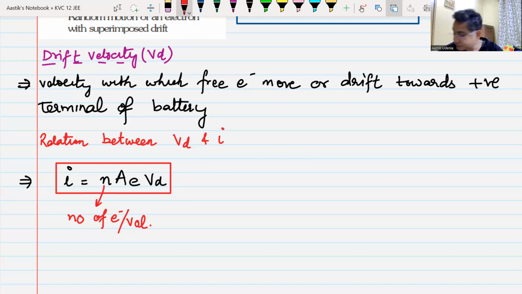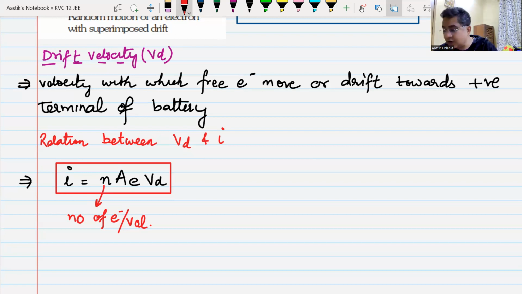What is e? What is this small e? Charge of an electron. Do we understand this, bacha? This small e is the charge of an electron, and this Vd is the drift velocity of the electron.